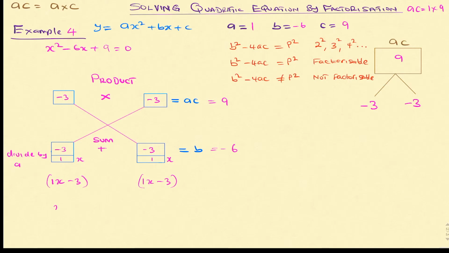And therefore, that equals x minus 3, x minus 3 equal to 0. But 1x equals x. So we're going to set this factor to 0. X minus 3 equal to 0. Therefore, add 3 to both sides.